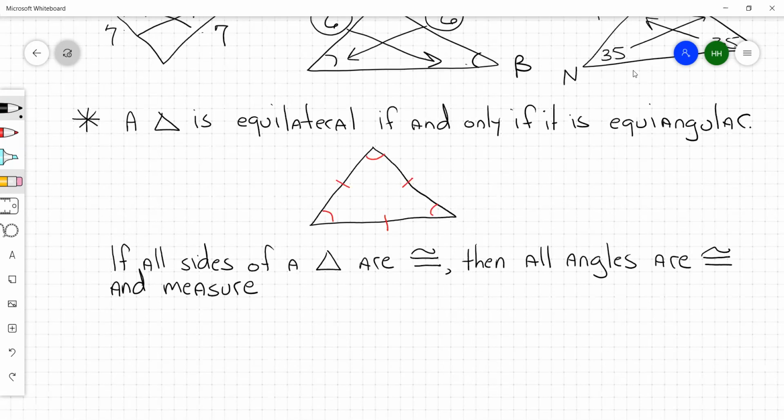What is each of their measure going to be? Same. Degrees, very good, 60 degrees. Because the sum of the angles in a triangle is 180. And if they all have to be the same, 180 divided by 3 is 60. You guys all right with that?